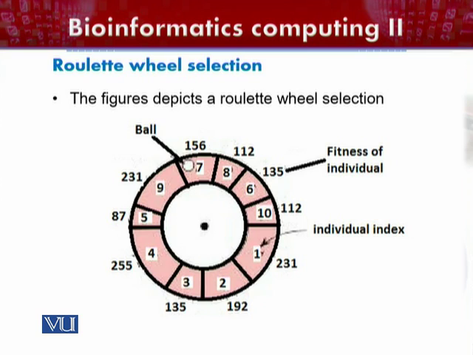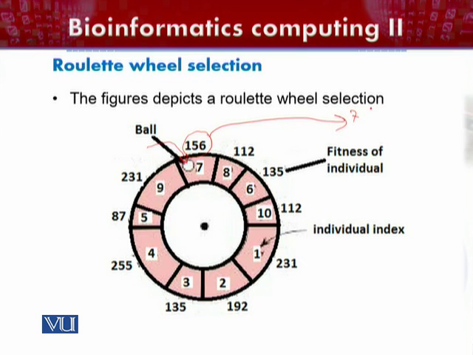So the fitter the individual, the bigger the pocket. Then a ball is spun and we wait for the ball to settle in a certain pocket. For example, in this case, the ball has fallen into pocket number 7, which has a fitness value of 156. So individual number 7 will be selected as a parent.